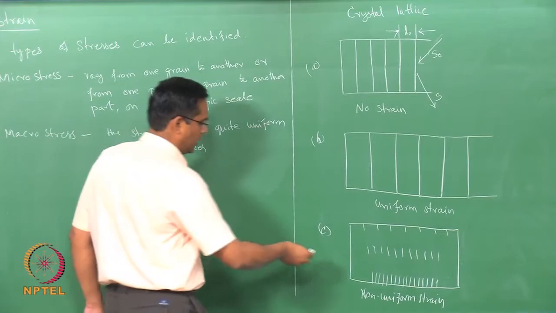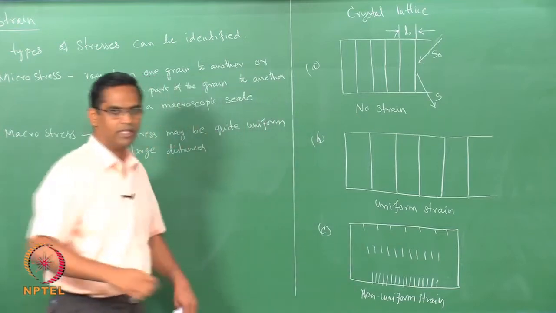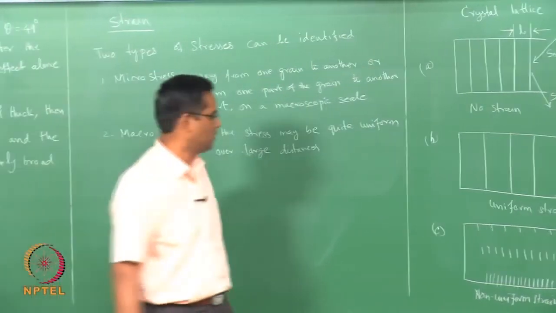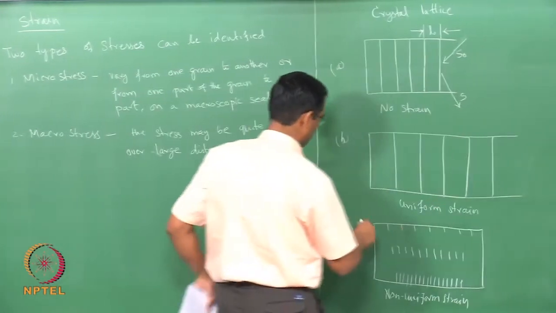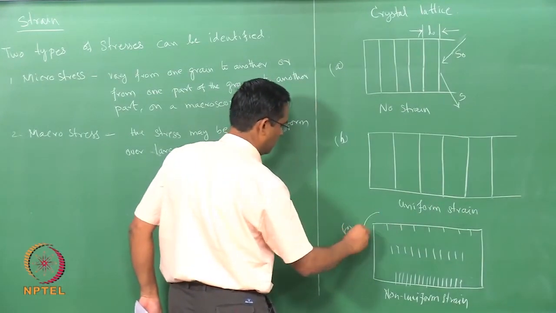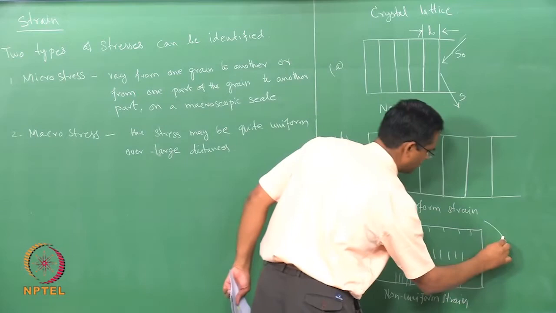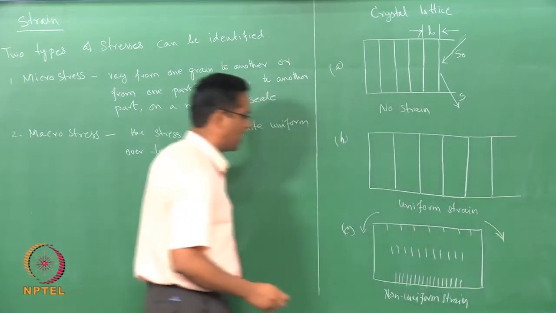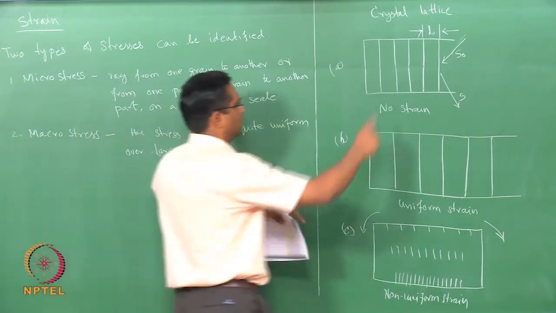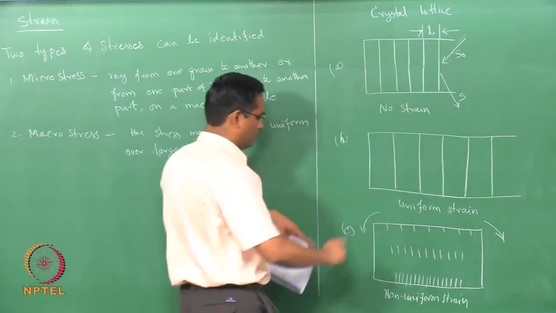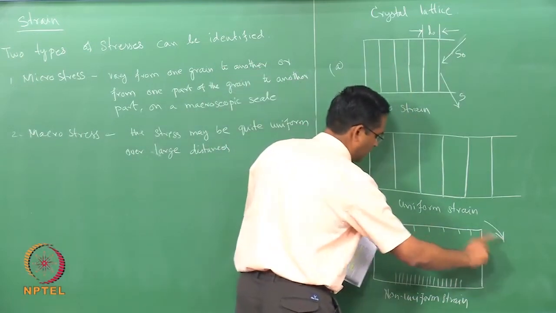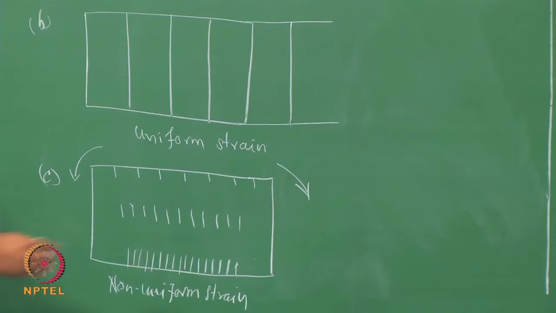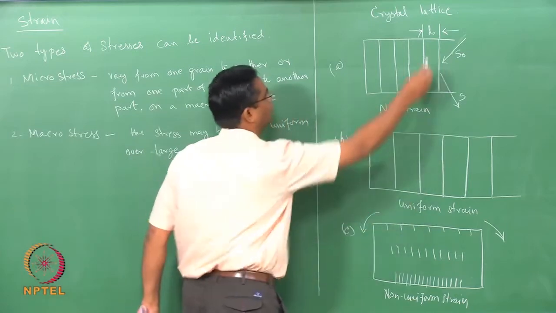And in the third case, we try to bend the crystal like this towards this direction. In that case, with respect to the equilibrium position, the d is going to increase on the top and it is going to get compressed at the bottom, and somewhere in between it will be equal to d naught.